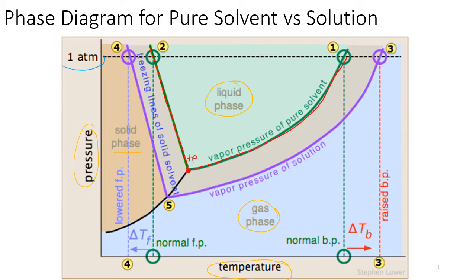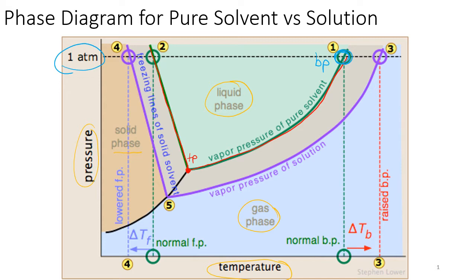1 atmosphere of pressure is considered normal external atmospheric pressure. Where that liquid-gas phase boundary line crosses the 1 atmosphere of pressure location is where we would refer to the normal boiling point of a solution. Normal boiling point meaning it boils at 1 atmosphere of pressure.